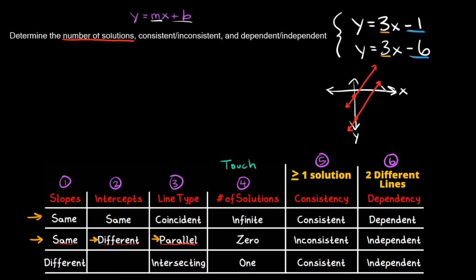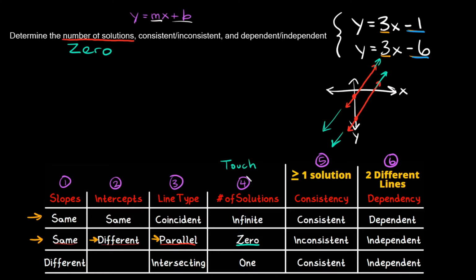Since these are parallel lines, they're never going to touch each other. We can extend them in this direction forever and in this direction forever, and still they will never touch. So that's why they have 0 solutions, because they have 0 points in common. The number of solutions right here is 0.